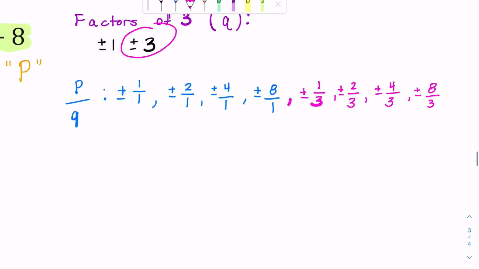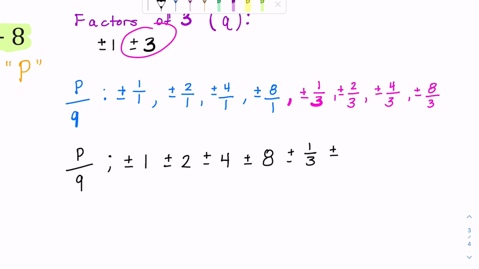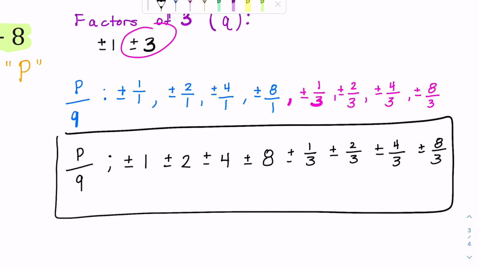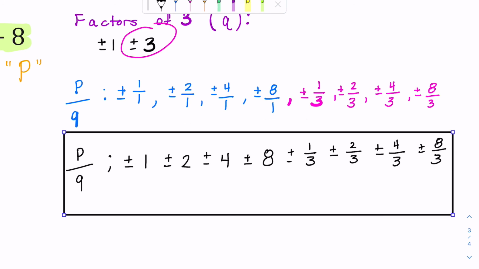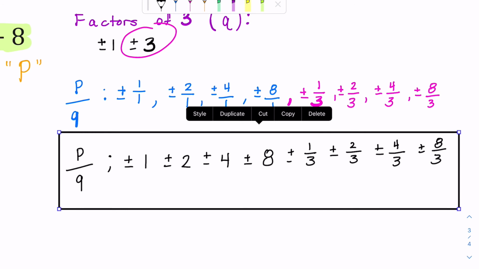For this, I'm just going to clean up this list. I'm going to list all of my possible rational factors as plus or minus 1, plus or minus 2, plus or minus 4, plus or minus 8, then plus or minus 1/3, plus or minus 2/3, plus or minus 4/3, and plus or minus 8/3.